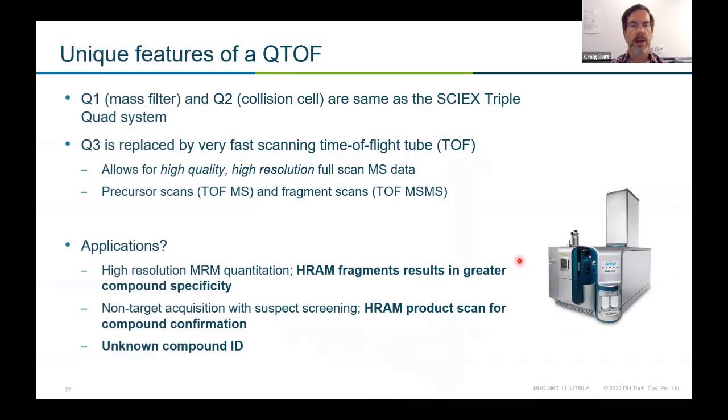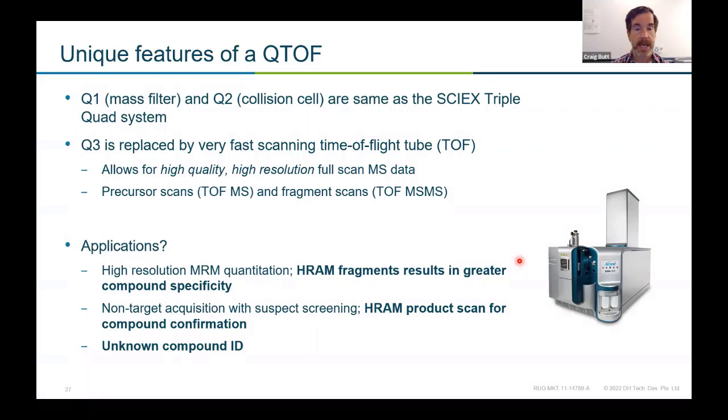Okay, so just to cover that again, for those that may be new to accurate mass instruments, the front end of the system is identical to a triple quad in the sense that there is a Q1 which will filter the precursors, and then there is a collision cell where you have that collision-induced dissociation to break apart the precursor.